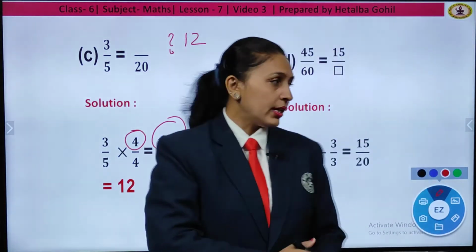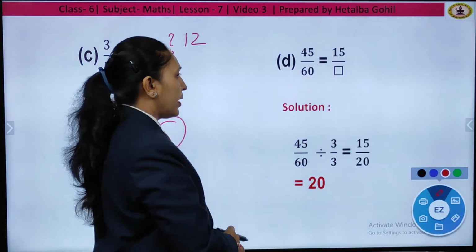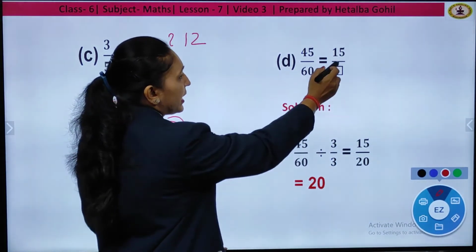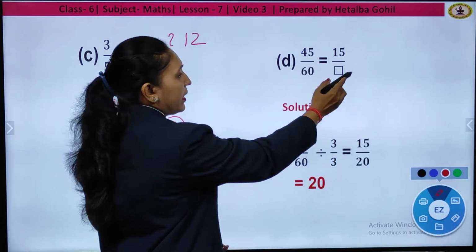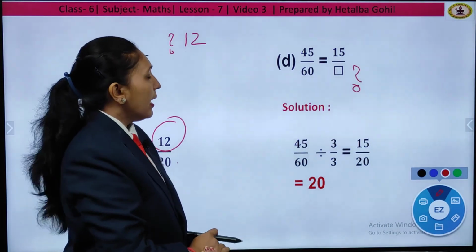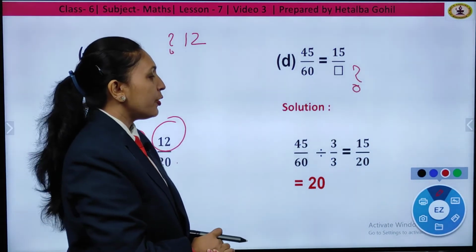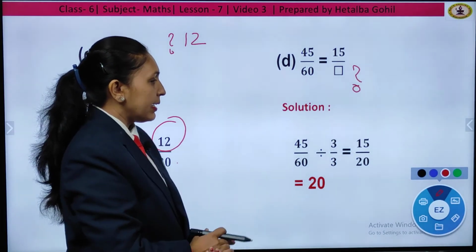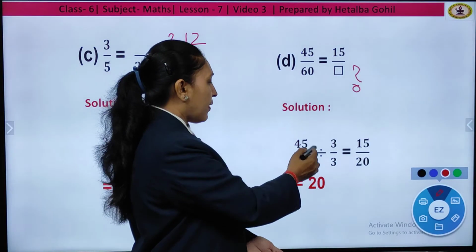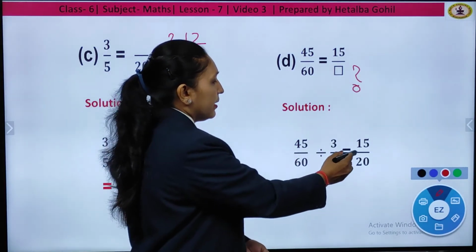Okay, let us go for the next one. 45 by 60 is equal to 15 upon dash. Children, here 15 is given to us and we don't have the denominator, we have to find the value. Now children, here I will divide the same number to the numerator and denominator. The common factor I will take here as 3. So you can see 45 by 60 divided by 3. I will get 15.